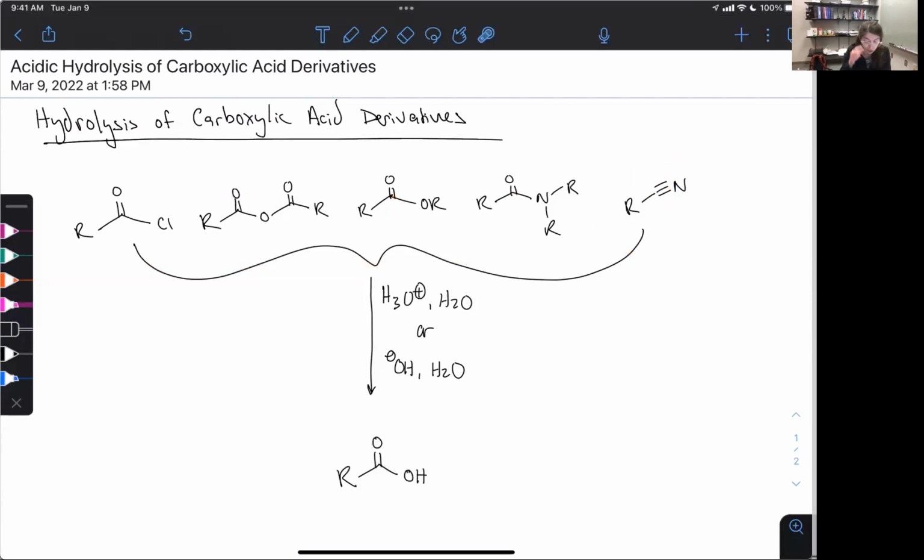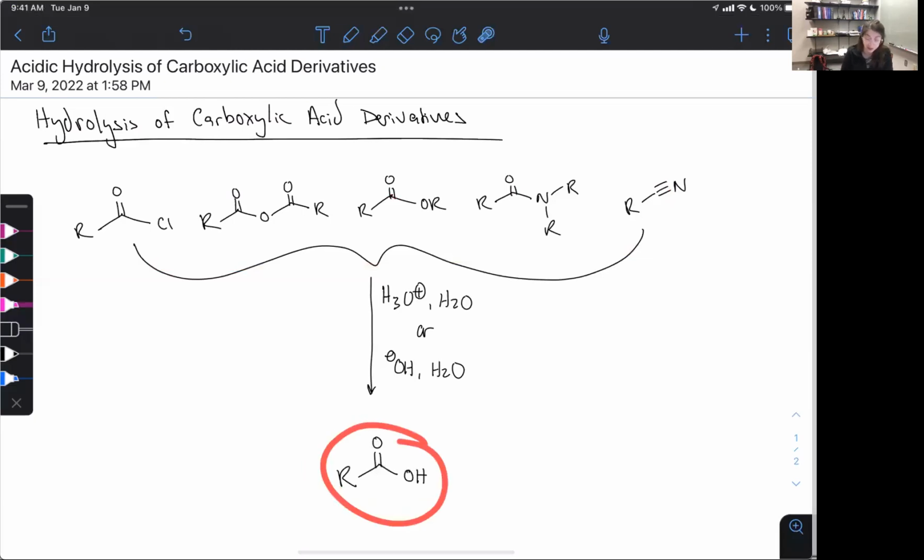The important thing to know about all of these types of carbonyls is that if you have acidic or basic conditions, you can hydrolyze them to the carboxylic acid. Essentially all roads lead to carboxylic acid if you have one of these as starting materials. It's a really handy thing to know that we can always get back to this.